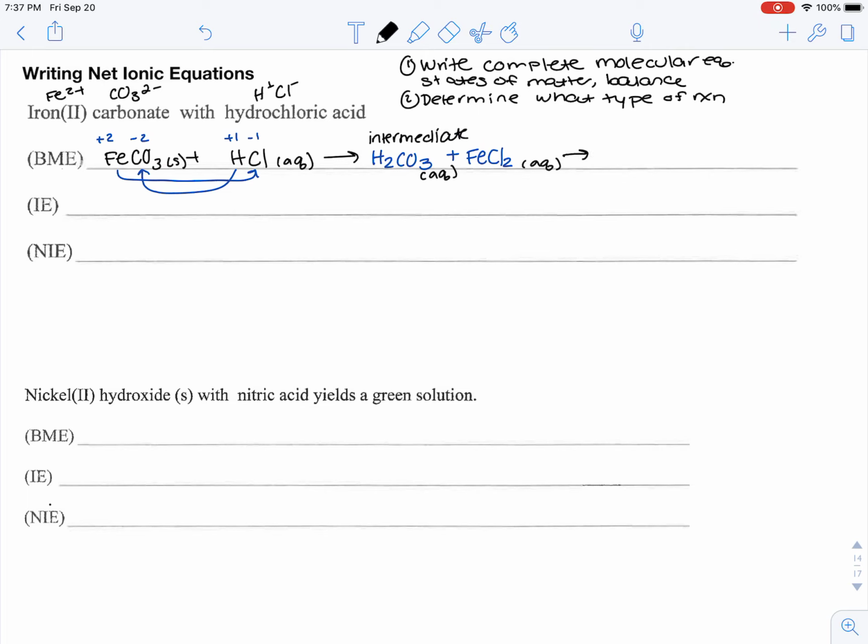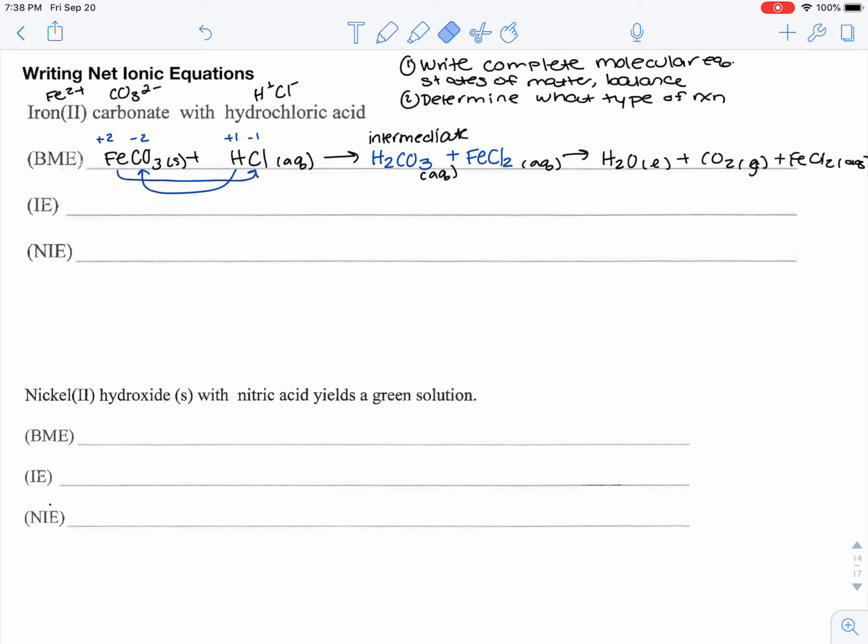So your actual reaction would be H2O plus carbon dioxide plus iron 2 chloride. If you were to place solid iron 2 carbonate and then pour in hydrochloric acid, you would see bubbles form. Those bubbles come from the carbon dioxide gas that's formed.